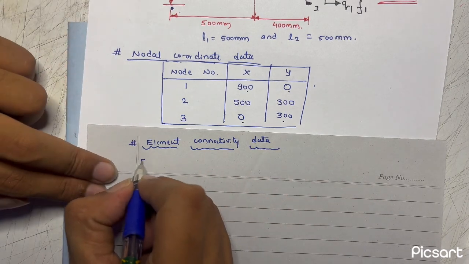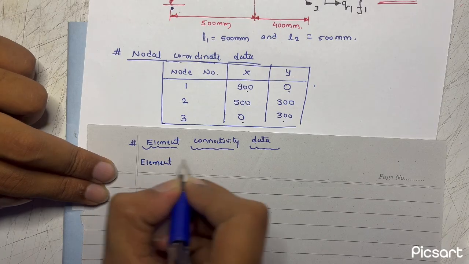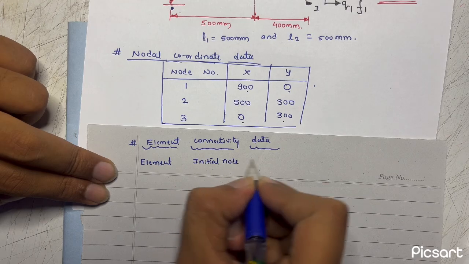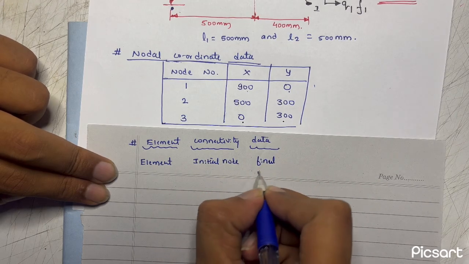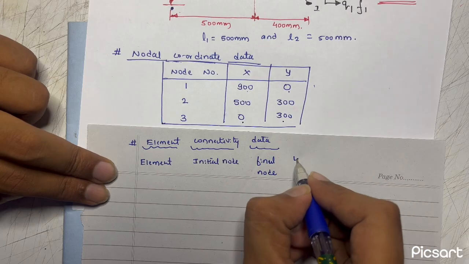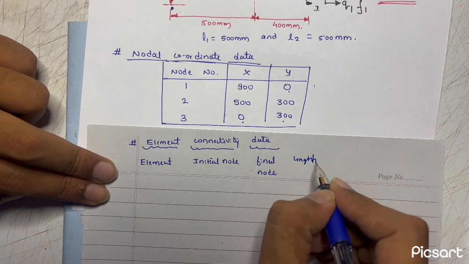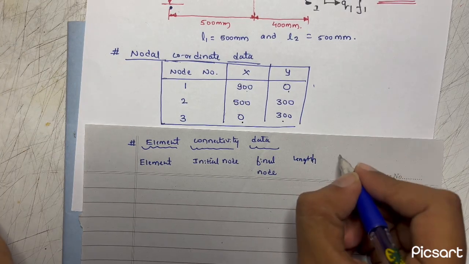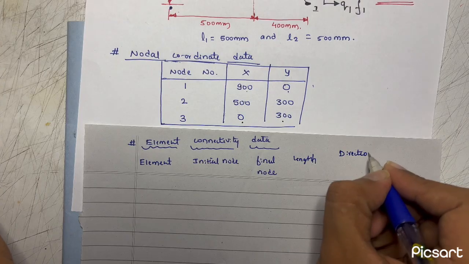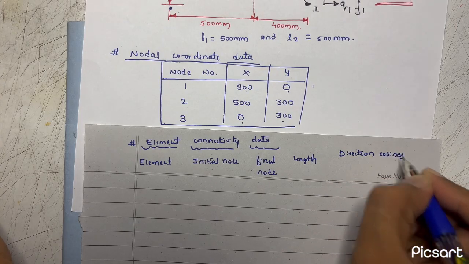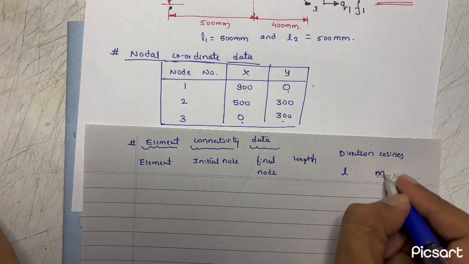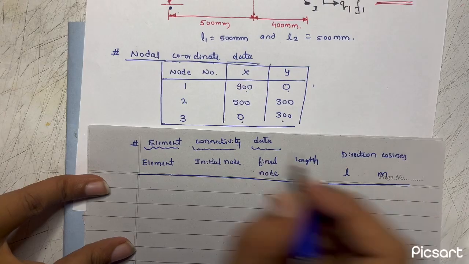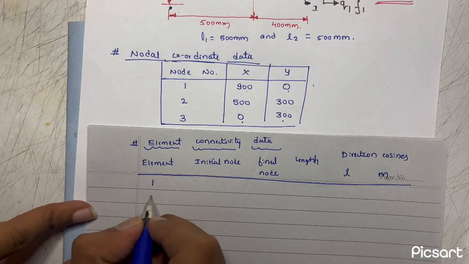First is element, next is initial node, then final node, then length of the element, then direction cosines. We have two direction cosines, L and M. So here we have only two elements, 1 and 2.